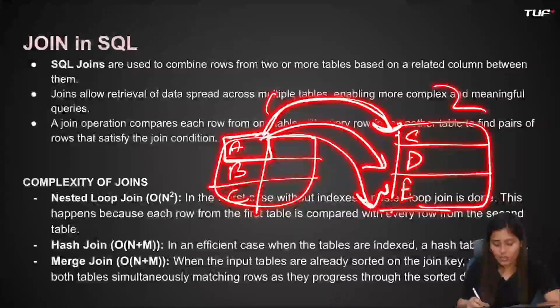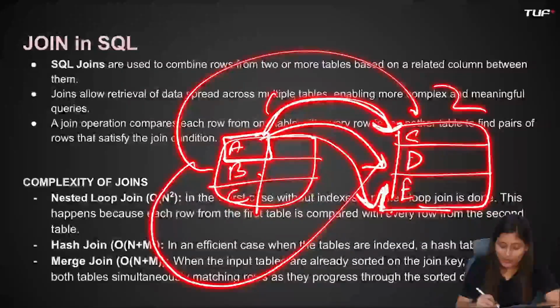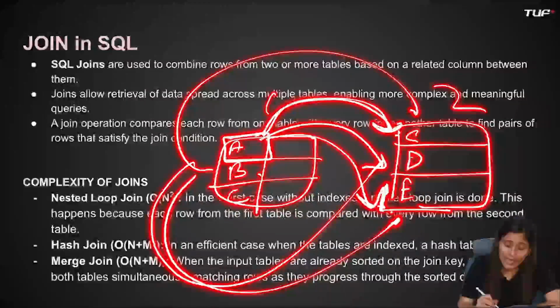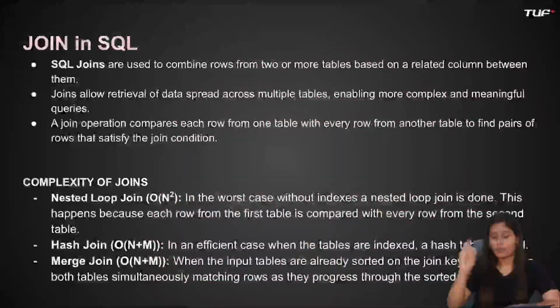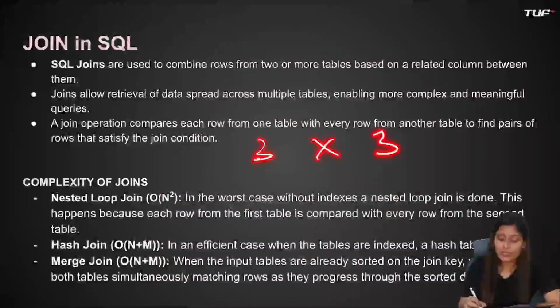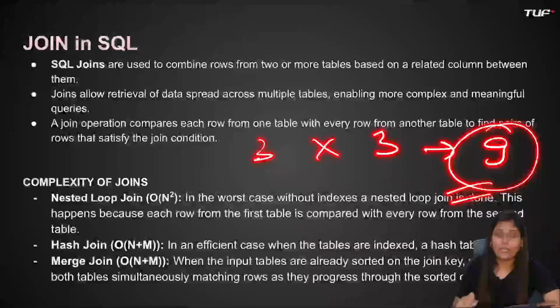Otherwise, it will just iterate. Then again, B will be compared with C, D and E. Similarly, every row from one table will be compared with every row of the other table. So 3 rows into 3, the total number of comparisons will be 9.